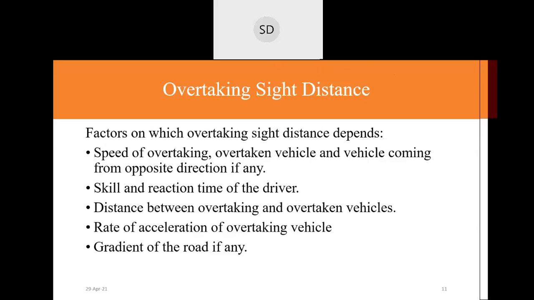Now, overtaking sight distance is the visibility required for a driver to overtake a vehicle. So generally, when you are driving your vehicle and you intend to overtake a particular vehicle, you need to check whether any vehicles are moving from the opposite direction or not.